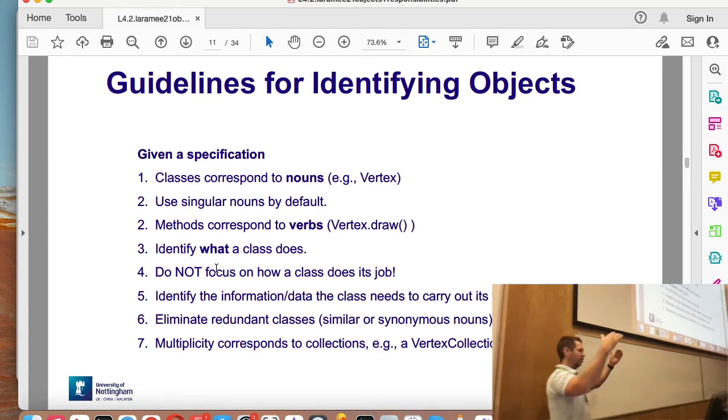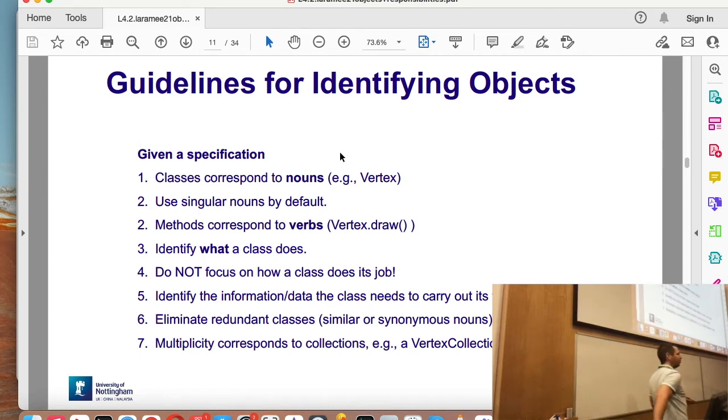So imagine you're given a specification. They're often in written form. Classes correspond to nouns. Did everybody notice that already? You may have noticed there's a pattern with class names and object names. They're always nouns.